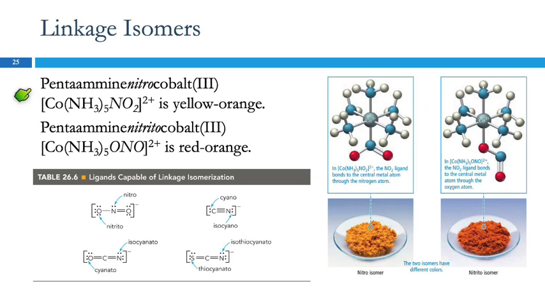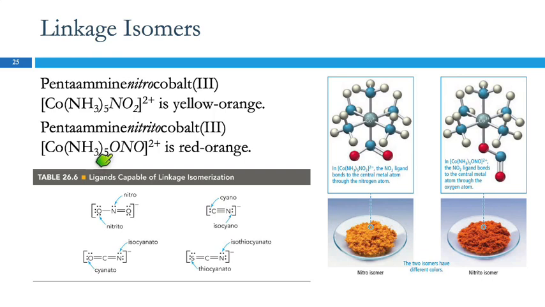So here we have pentaamminenitrocobalt(III). So nitro means that this NO2 group, this guy right here, is attached at the nitrogen. The lone pair on this nitrogen is forming a coordinate covalent bond with the cobalt ion. And this is kind of a yellow-orange in color.